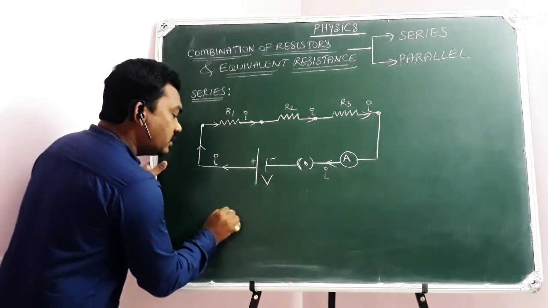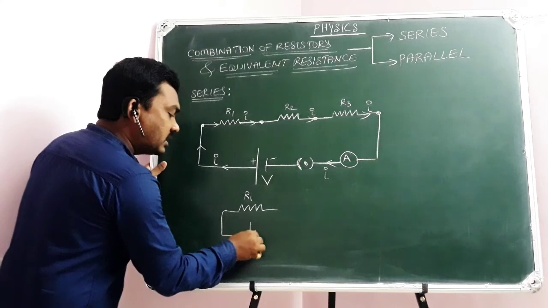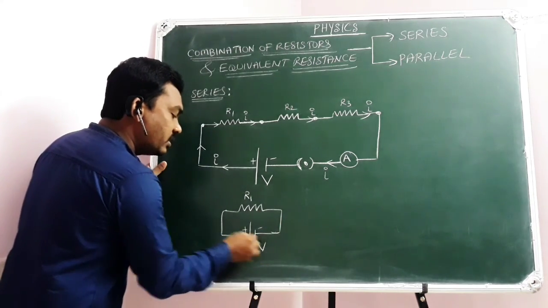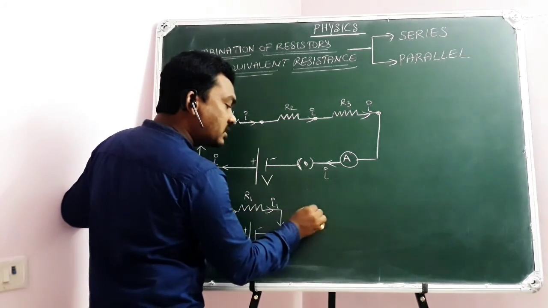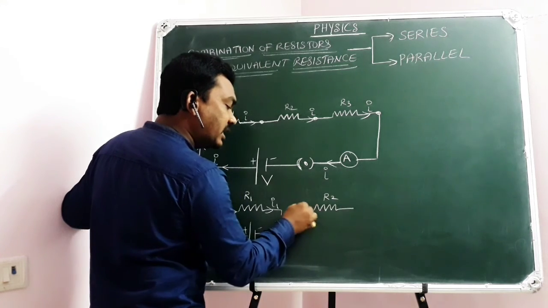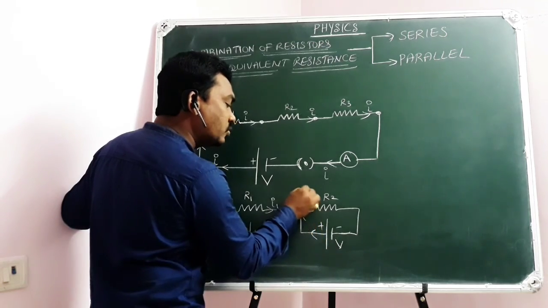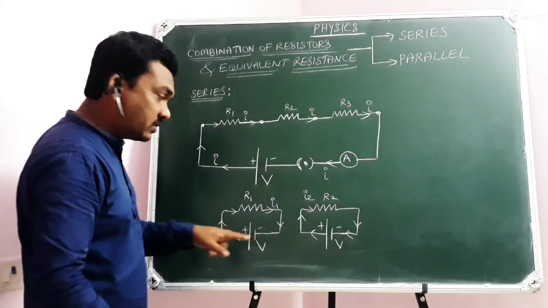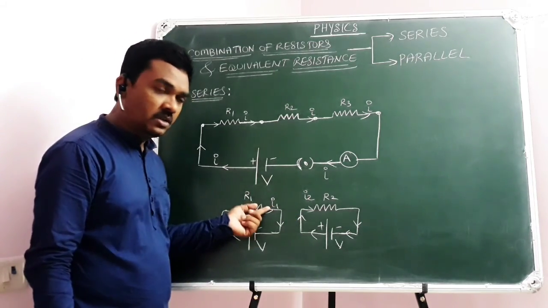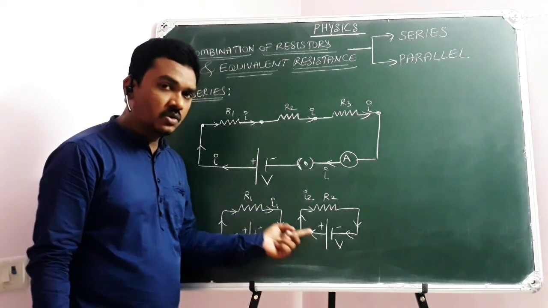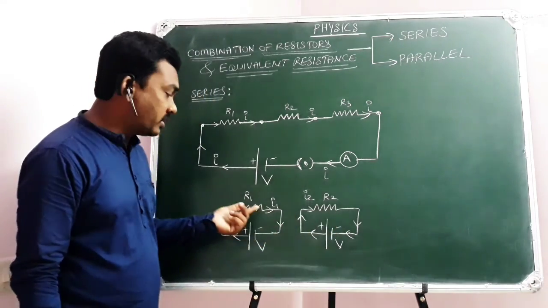For example, a resistor R1 alone is connected to a cell whose voltage is V. Then some current I1 travels through it. If a resistor R2 is connected alone to the cell of voltage V, you can expect a current I2 through R2, which is certainly different from I1, because the potential difference given to R1 is V, so you expect I1, and the potential difference given to R2 is V, so you expect a different current I2, because though the potential difference is the same, the resistances are different.